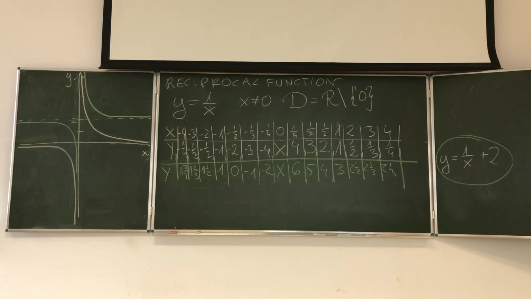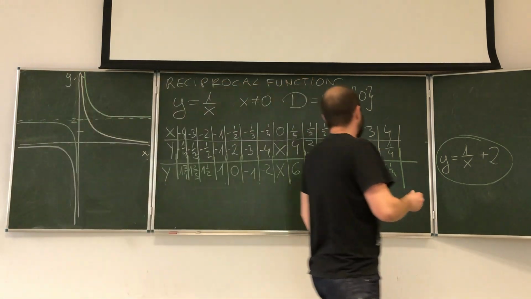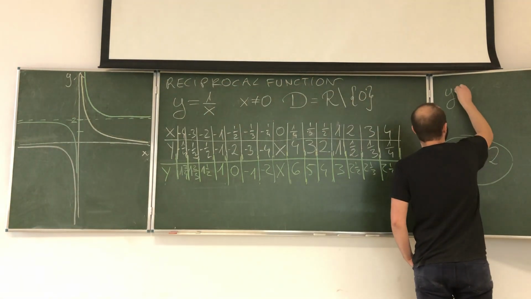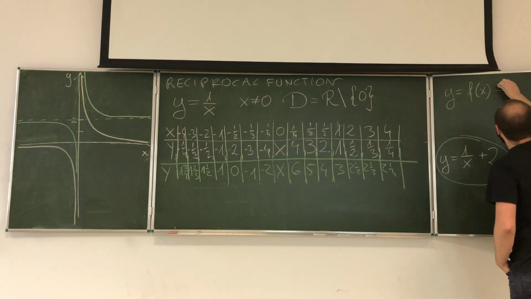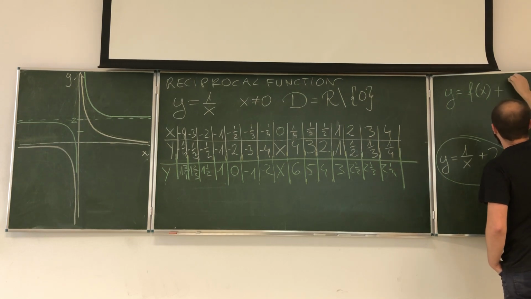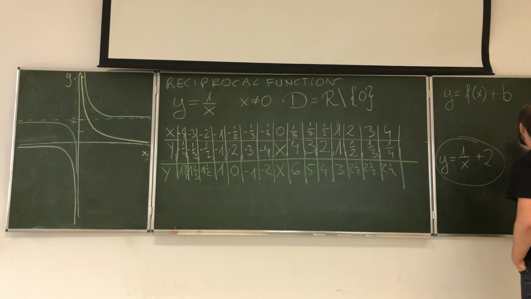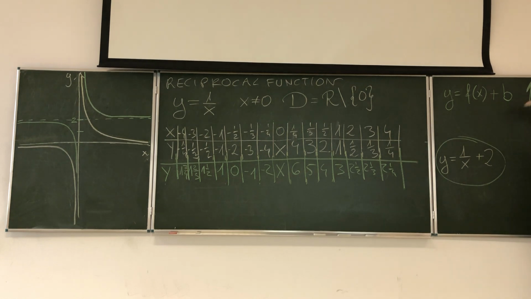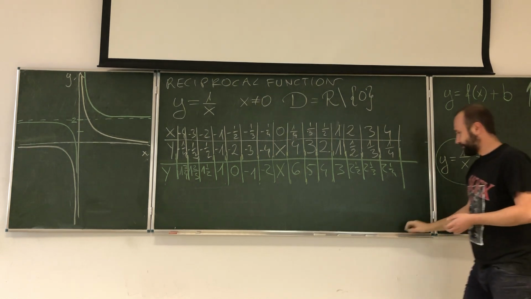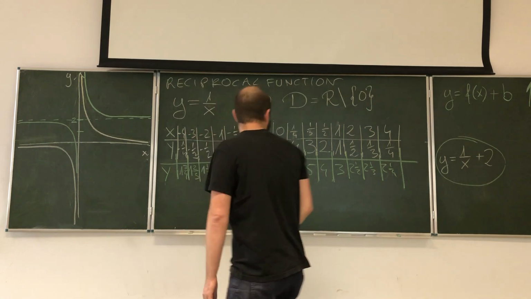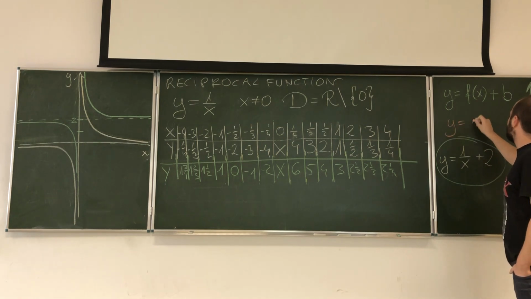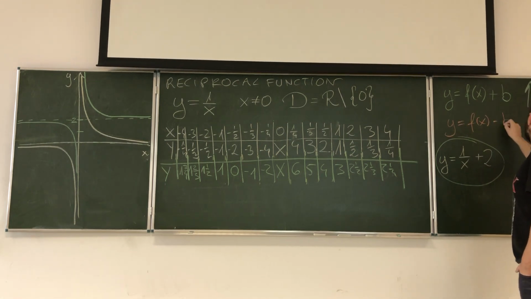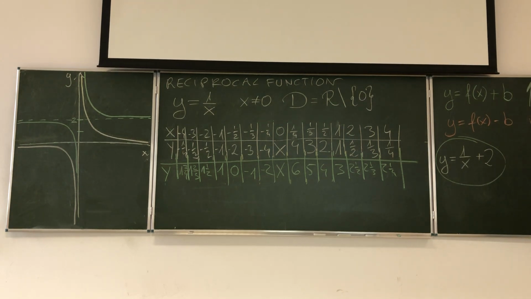So look, what do we get from this? The general rule is that if I have any function like y equals f of x, if I add to it positive number b, the function will go up by b, right? It will be b units higher. Now, what if I would be subtracting the positive value b? Well, we can imagine it quite easily that now the function will be b units lower.